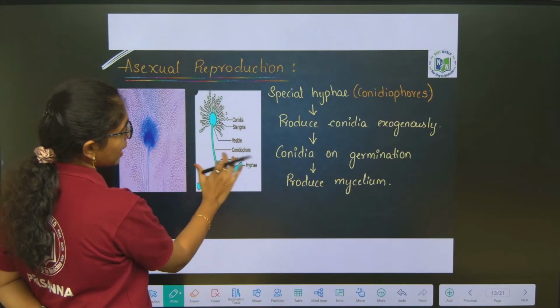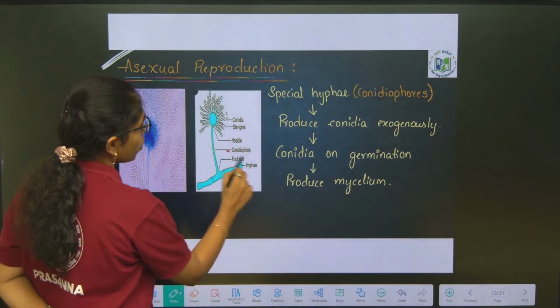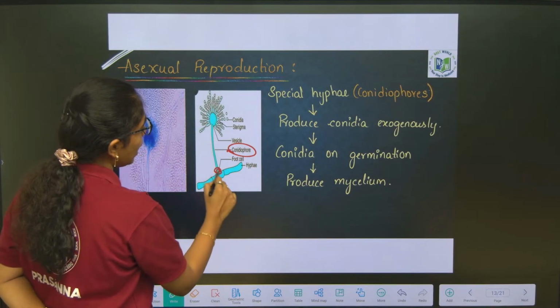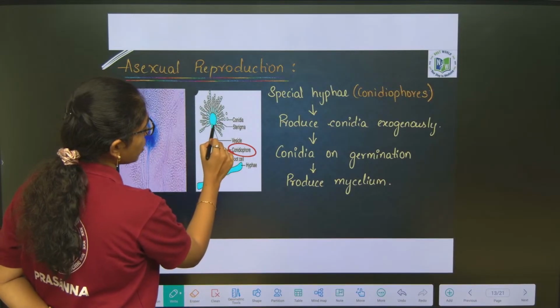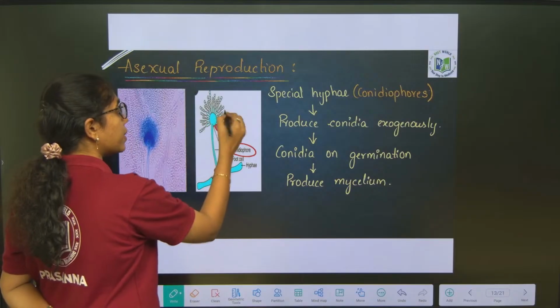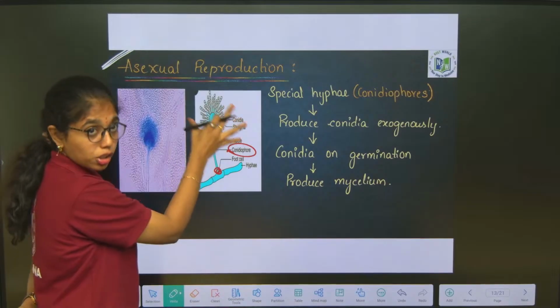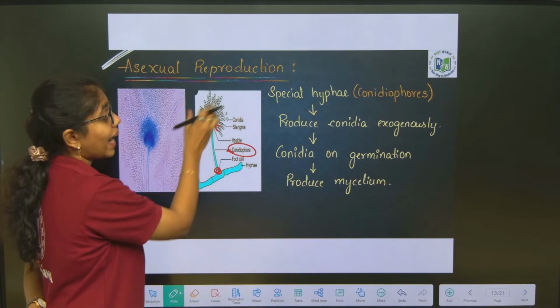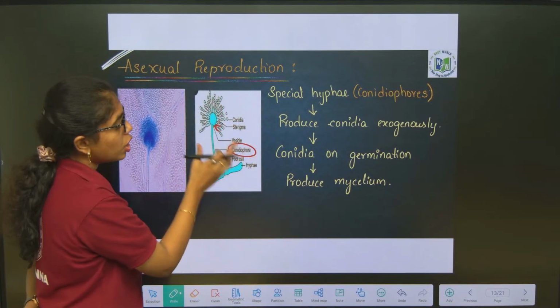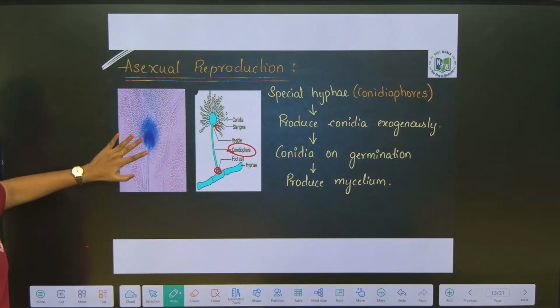Asexual reproduction, if you have to look into it, special hyphae or conidiophores will be formed. From the basic hyphae, the conidiophore will originate like this, conidiophore with foot cell, and above these, structures are called sterigmata. Sterigmata will be bearing the conidia. Through the sterigmata, conidia are exogenously exposed and released exogenously. So, this is about conidia. Conidia are the asexual spores in ascomycetes.